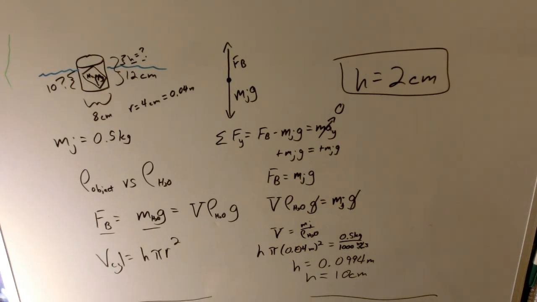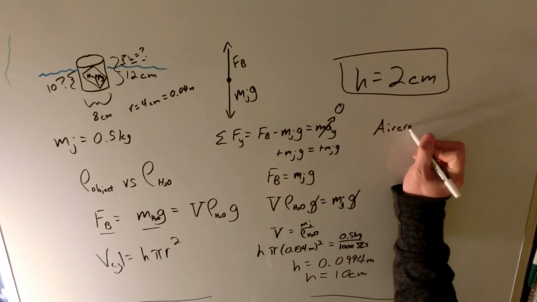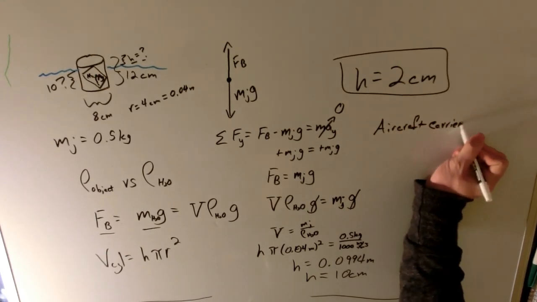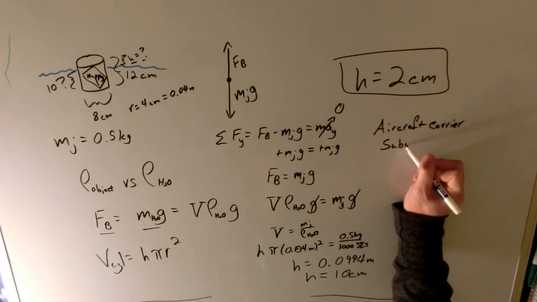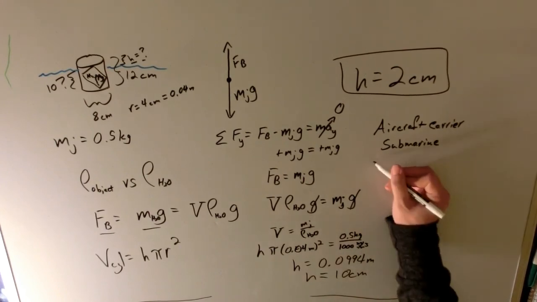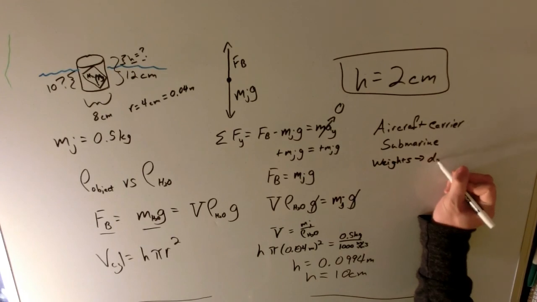In fact, if you go online and you look for how heavy different ships are, like maybe an aircraft carrier, or a submarine, they'll actually give you the weights in displacements.